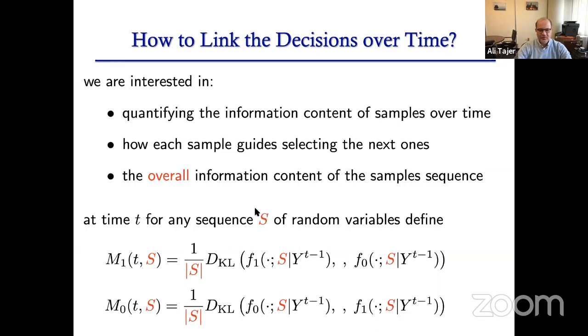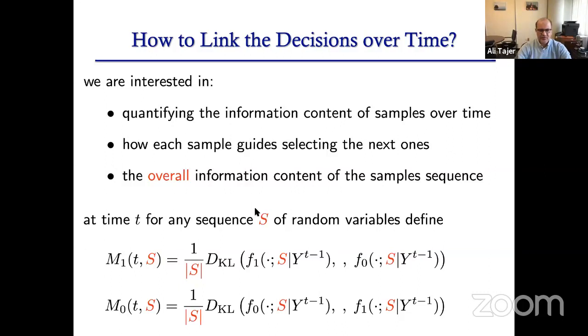As opposed to the D_i's that we had earlier, which looked at the point-wise divergence, we now look at the divergence between the samples in a sequence. So M1 is the divergence between F1 and F0 of a sequence S, given the past data up to time t-1. Then we normalize this information measure by the cardinality of S, which gives us the information content per sample over the network.